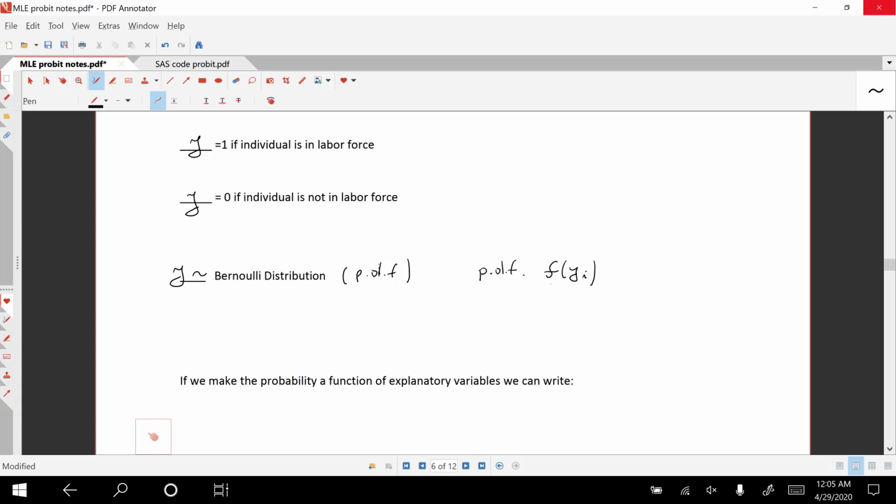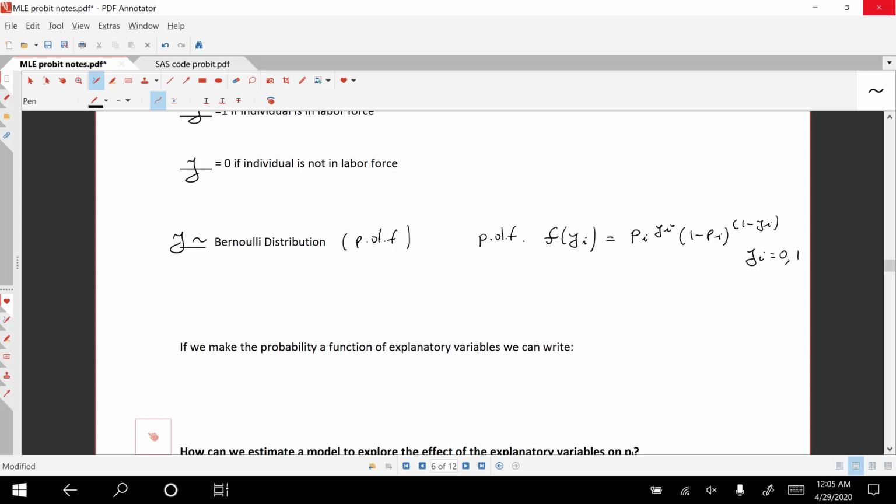So f of y, the PDF, can be written as pi to the yi, times 1 minus pi to the 1 minus yi, and yi can take the value of 0 or 1. So this is the probability density function. The mean of this function is that probability pi, and the variance is pi times 1 minus pi. Okay, so the probability density function is a function.